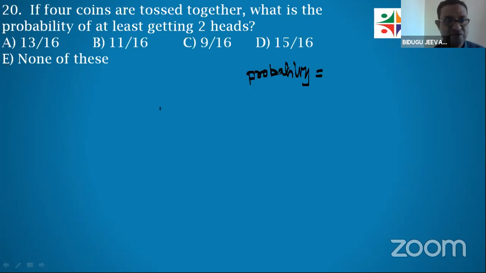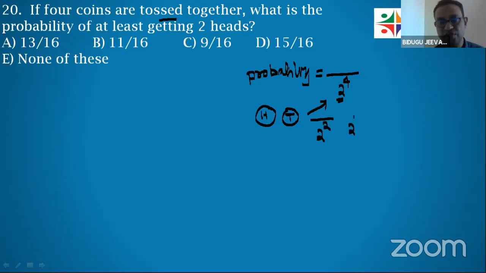Probability. 4 coins are tossed. What's your experiment here? 4 coins are tossed. That means 2 power 4. Why am I using 2? A coin has head or tail, 2 possible outcomes. So I'm using 2. If 2 coins are tossed, I can write 2 power 2. If 3 coins are tossed, 2 cube. 4 coins are tossed, 2 power 4.